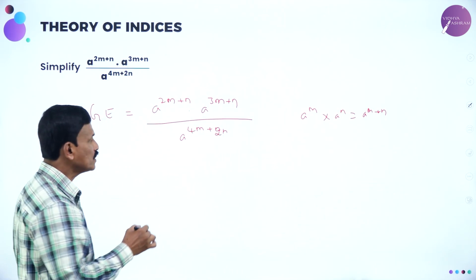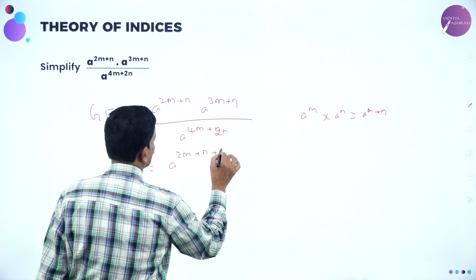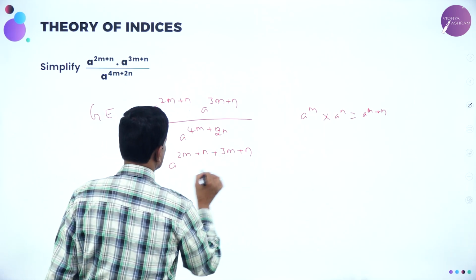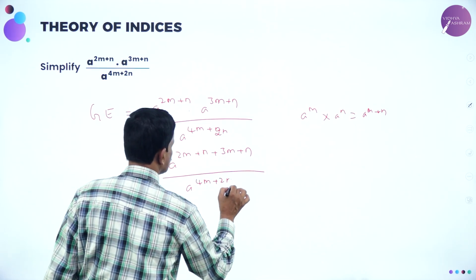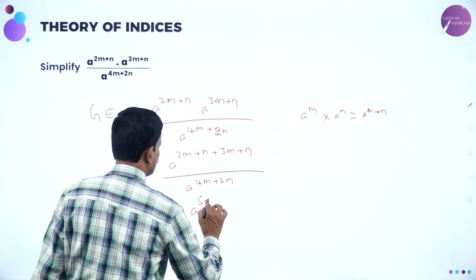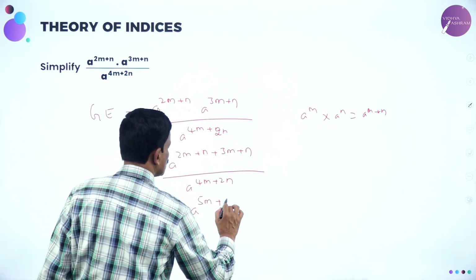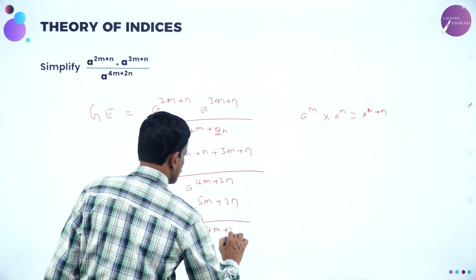Use the first law in the numerator: a to the power of 2m plus n plus 3m plus n, divided by the denominator, which is the same, a to the power of 4m plus 2n. So a to the power of 2m plus 3m is 5m, plus n plus n is 2n, divided by a to the power of 4m plus 2n.